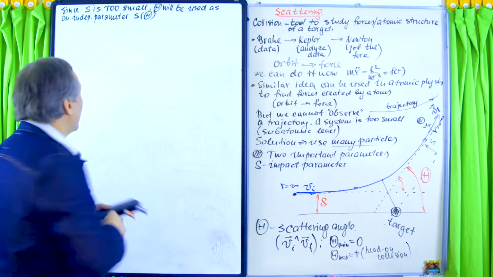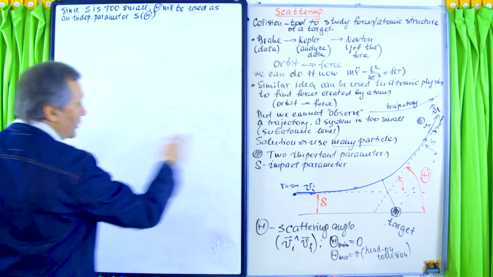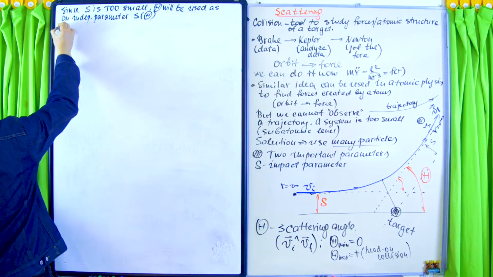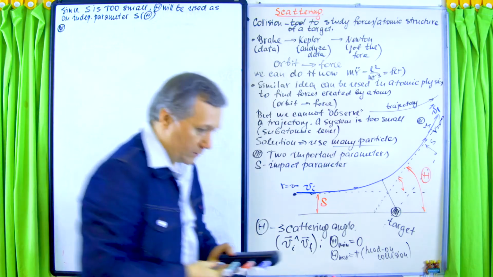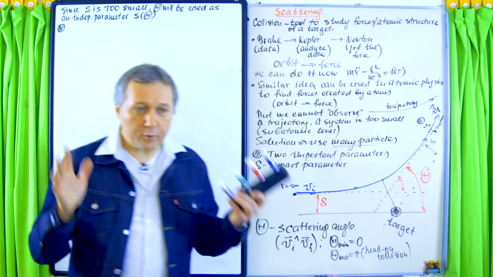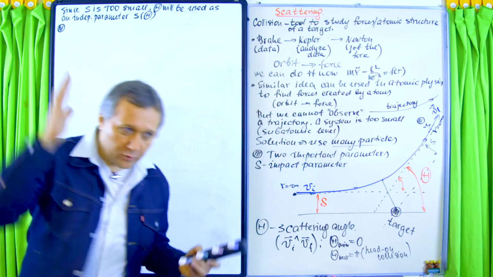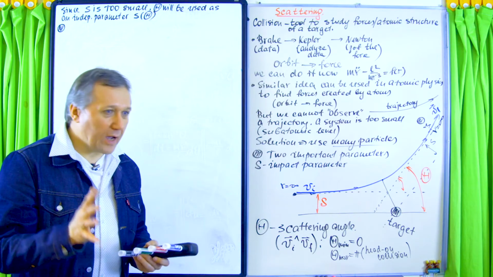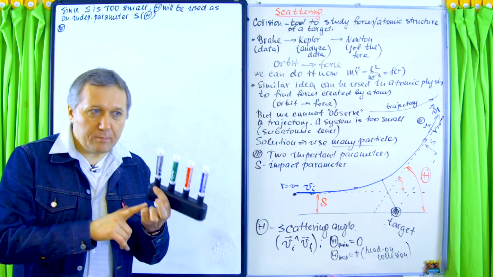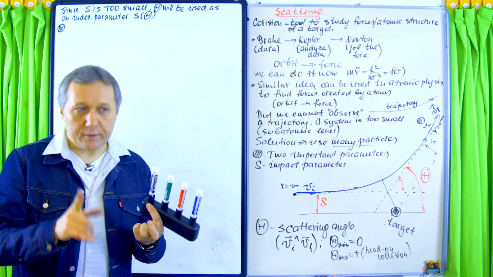Okay, so now let's start setting up the problem. I will put a new bullet. We introduced these two important parameters, and now we will have to use tons of identical particles. By identical, I mean the same mass and the same energy.